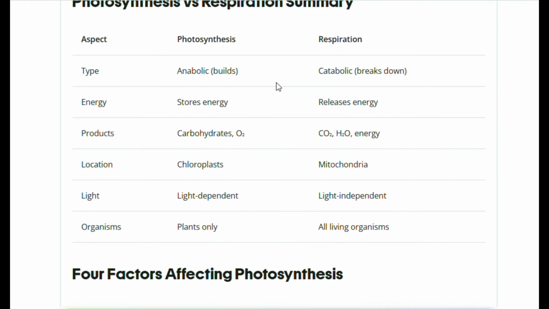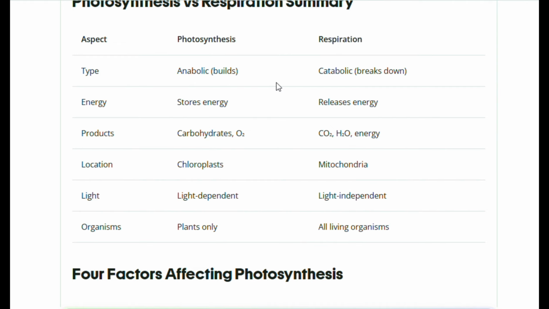Respiration: the type is catabolic because it breaks down, right? Energy, it releases the energy. The products are carbon dioxide, water, and energy. CO2, H2O, and energy. Location, mitochondria.